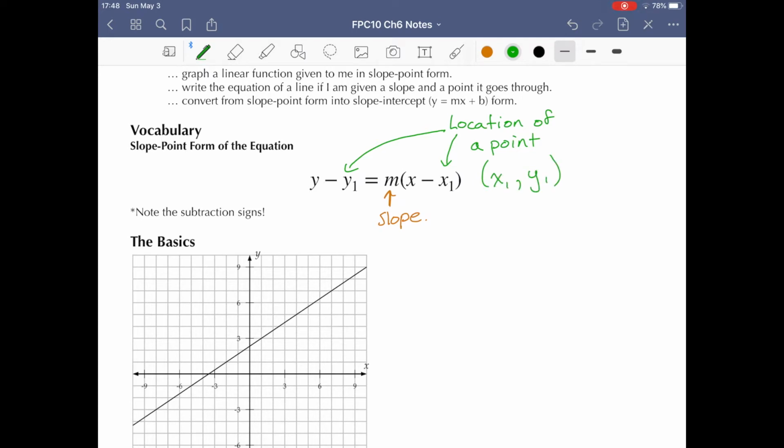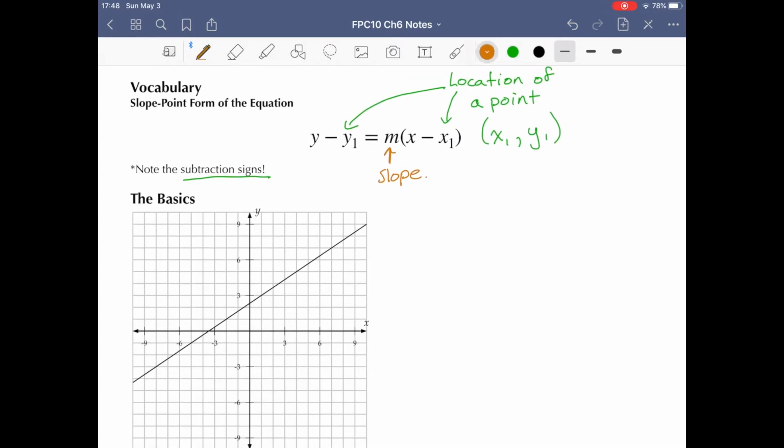Notice that there are subtraction signs here. This negative sign then becomes a positive in our point. This is a negative x. It switches signs. So we're going to take a look at some examples and how to work with this.